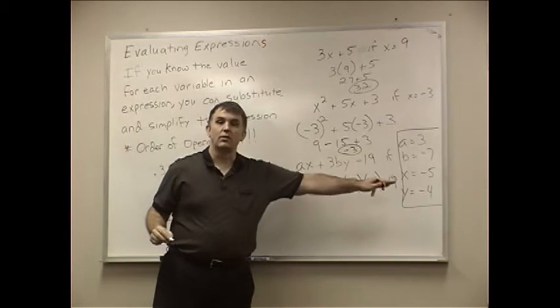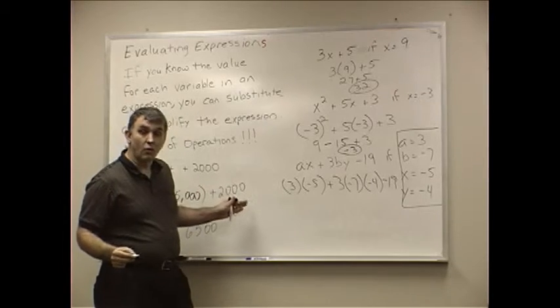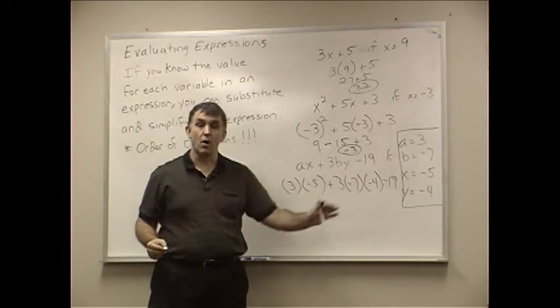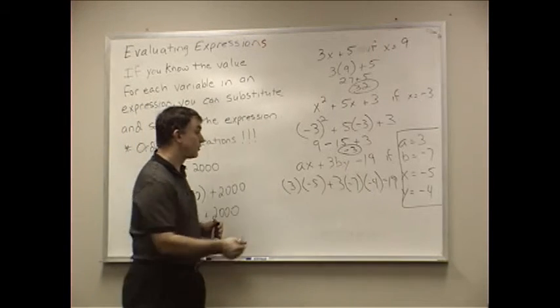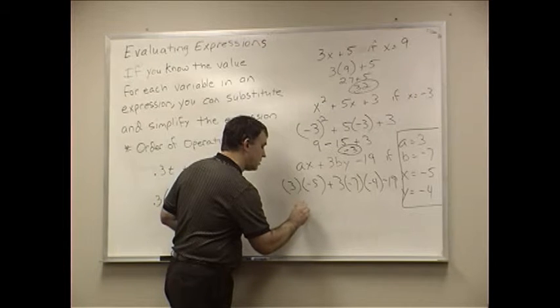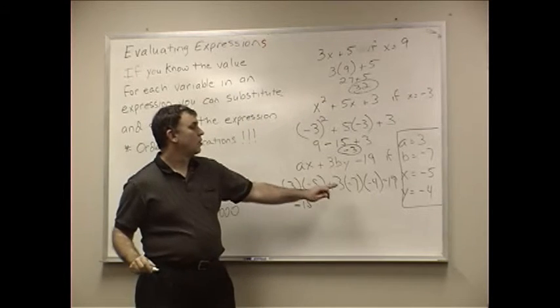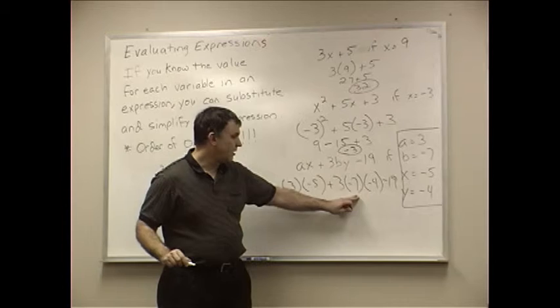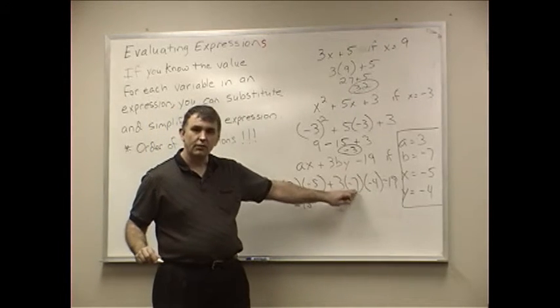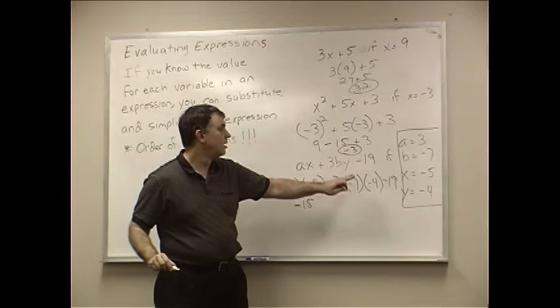Let's go on ahead and solve them. That's our order of operations. Nothing to do inside the parentheses, no exponents. I got to do all my multiplying first. 3 times negative 5, that's negative 15. 3 times negative 7 times negative 4. 3 times negative 7 is negative 21.